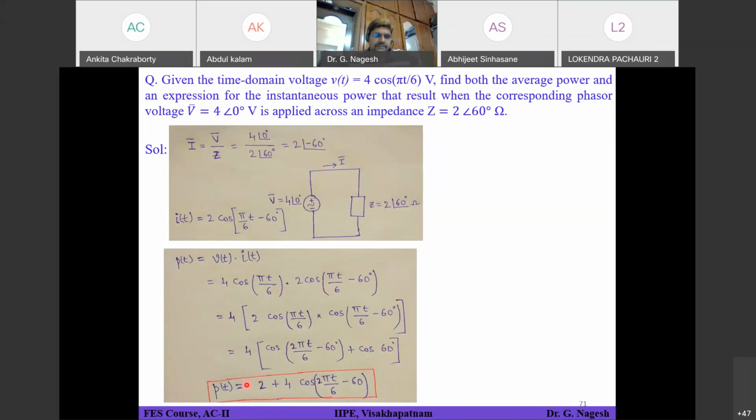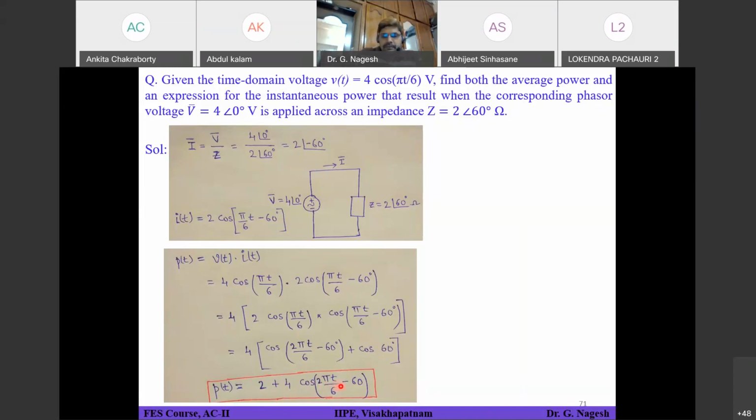The first term is Vm Im by 2 into cos of theta minus phi, and the second term is Vm Im by 2 into cos of 2 omega t plus theta plus phi. This p of t is similar to that.